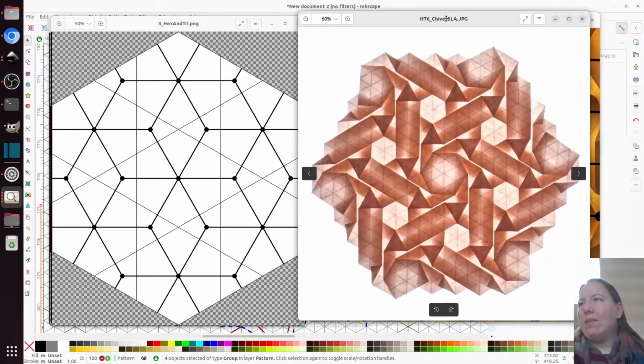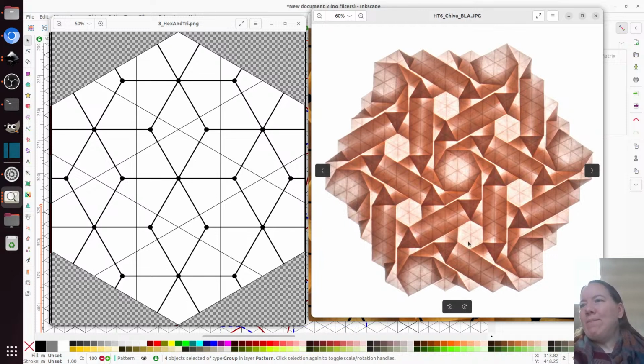We can take that and say, well, as long as I have 6 pleats in those 6 directions, it's still a hexagon, and I can put whatever hexagon I want in that next overlap.